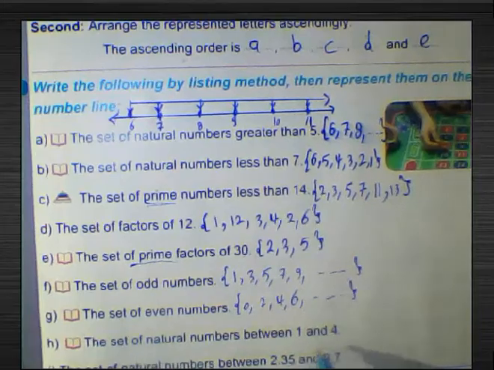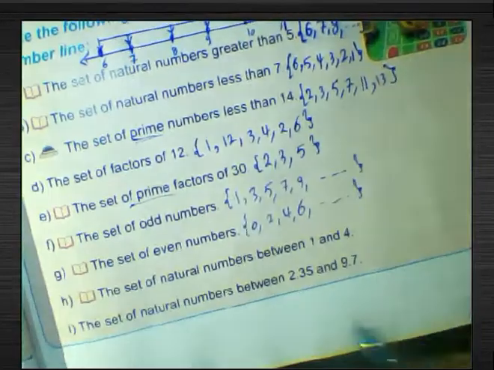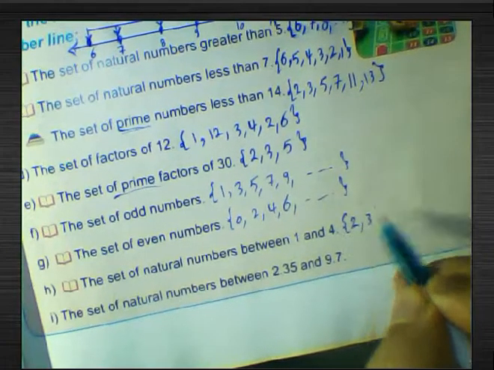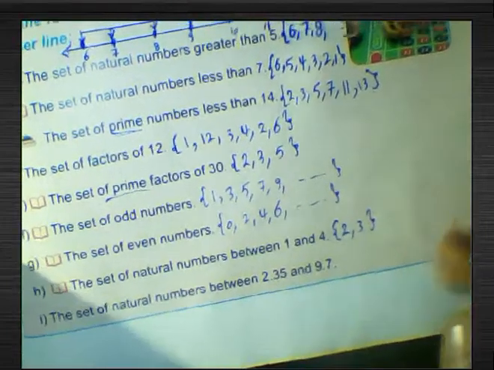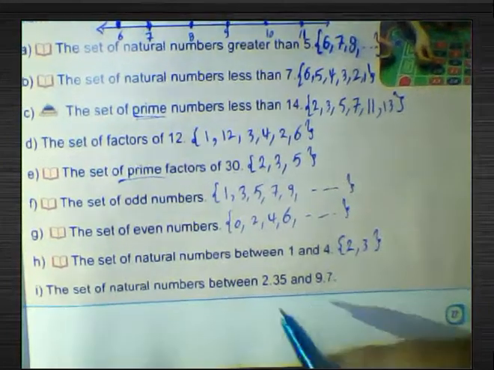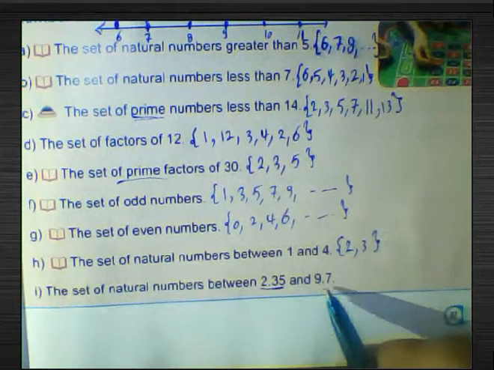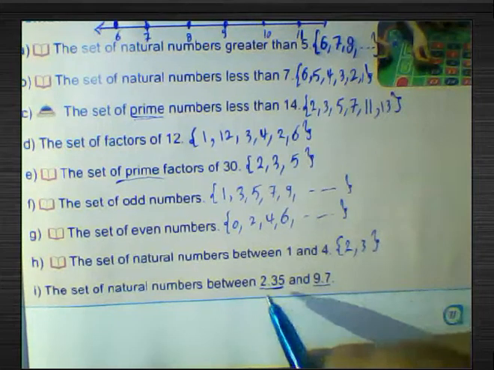Set of natural numbers between 1 and 4 will be 2 and 3. Set of natural numbers between 2.35 and 9.7.